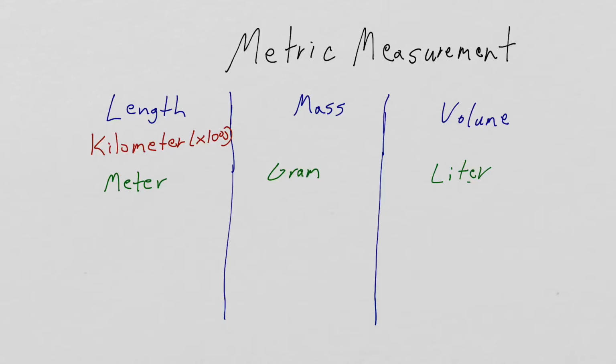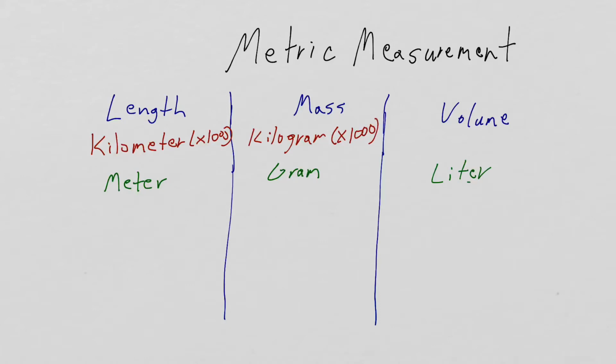Okay? Now, we could do the exact same thing for mass. If we add kilo to gram, that means, again, times 1,000.